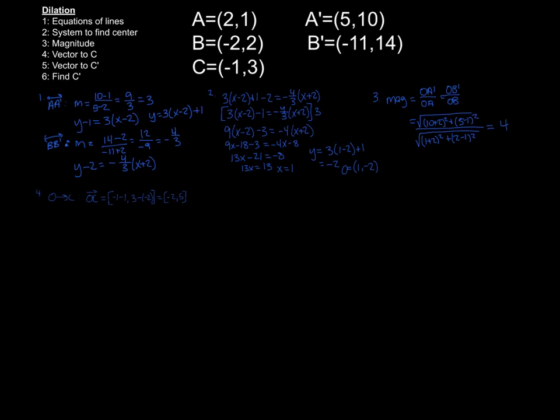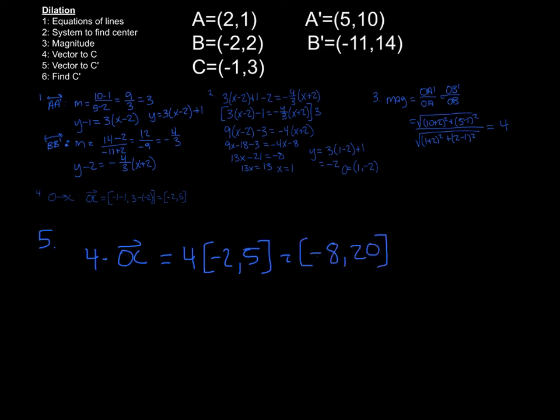Now for step 5, what we need to do is find the vector OC prime, and the way we do that is multiply our vector OC by the magnitude. So it's going to look like magnitude times this vector, which we just found, which is also going to look like 4 times negative 2, 5, or the vector negative 8, 20.